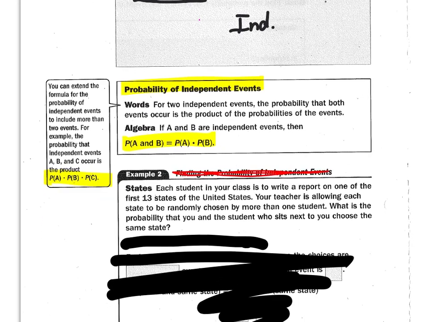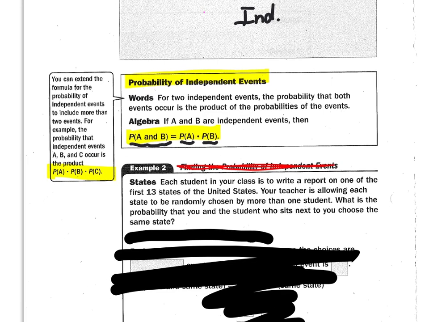And what we do here for independent events, if you have the probability of A and B happening, that's the probability of A times the probability of B. I'll give you an example. If I wanted to know the probability that I roll a 6 on the first roll, and I roll an even on the second one.